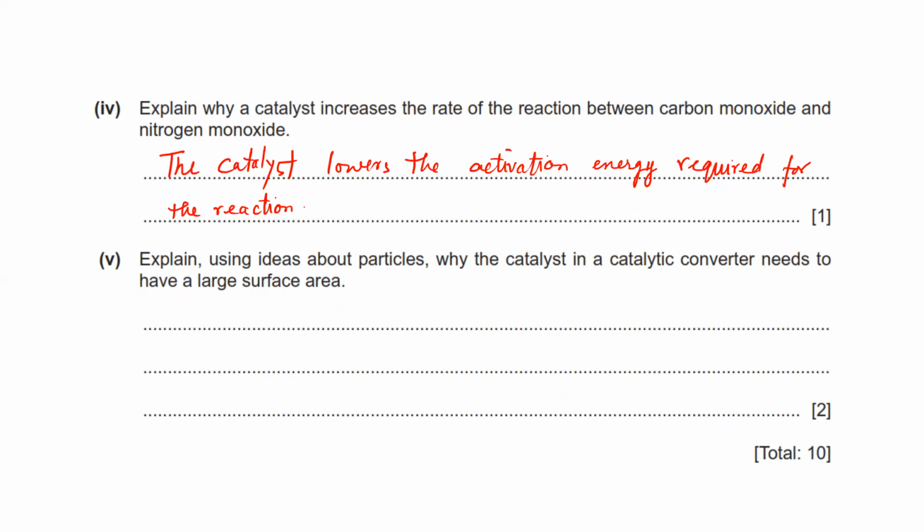Then it says explain using ideas about particles why the catalyst in a catalytic converter needs to have a large surface area. So large surface area basically increases the contact area for the particles, and the more the contact area, it means more number of collisions per unit time, and thereby increases the rate of reaction.